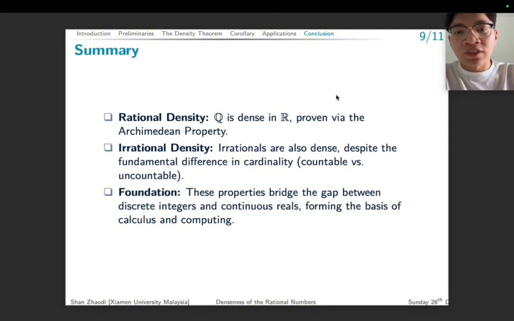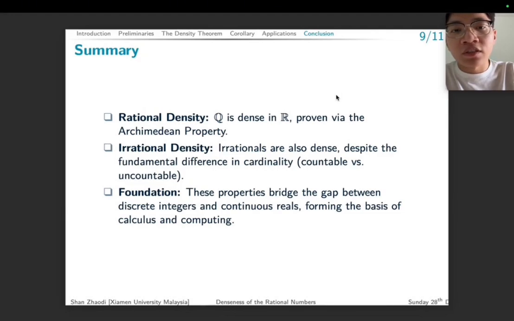To summarize, the set of rational numbers is dense in the real number system. It guarantees the existence of a rational number strictly between any two distinct real numbers. The set of irrational numbers is also dense in the real numbers.